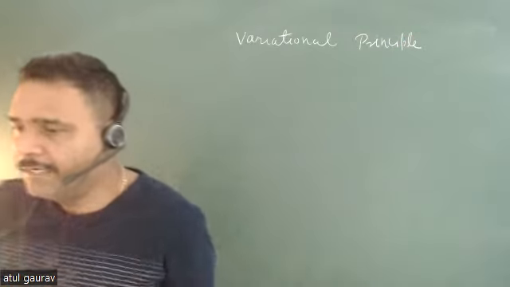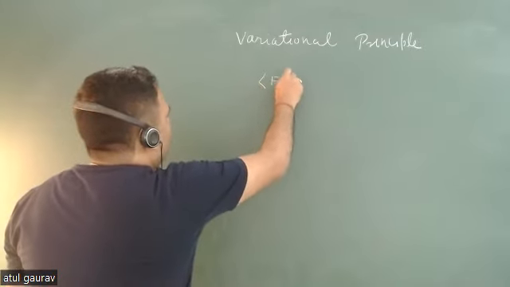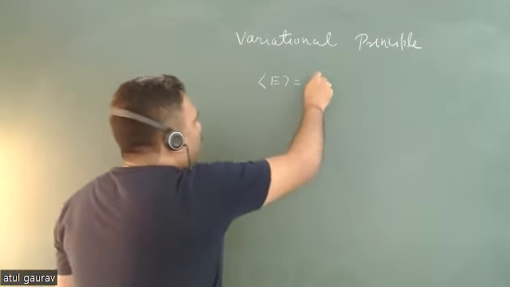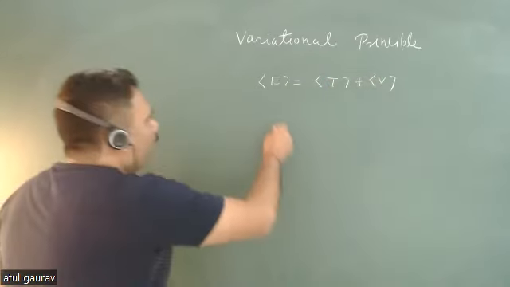When you go for the variational principle, obviously you have to find the average value of energy, and that is nothing but the average value of kinetic energy plus the average value of potential energy.